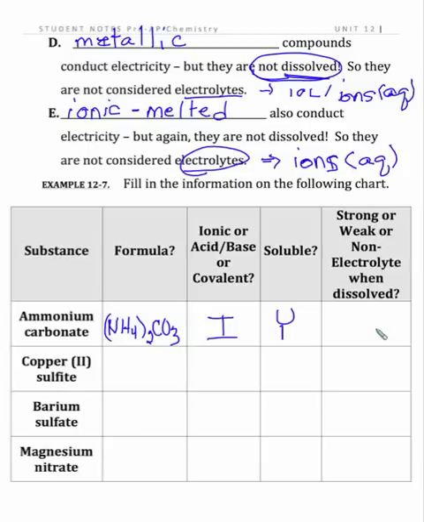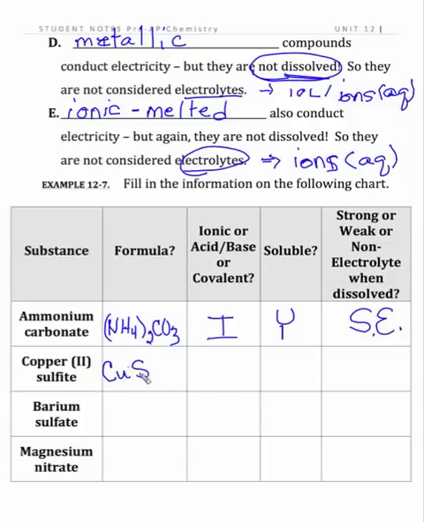Yes. Is it a non-electrolyte or an electrolyte? It would be an electrolyte. We would form ions, so this is going to be a strong electrolyte.